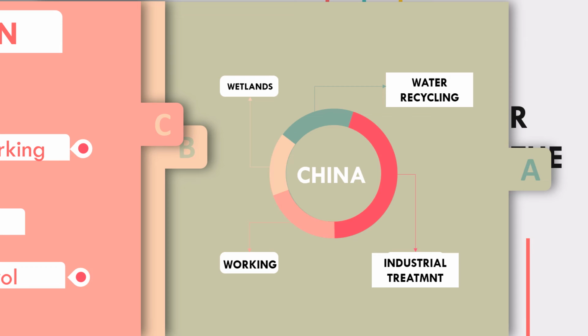Constructed wetlands can be defined as man-made, engineered, designed areas for the purpose of treatment of wastewater by improving the physical, chemical and biological processes that can occur in natural wetland ecosystems.